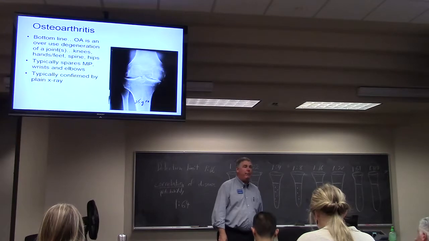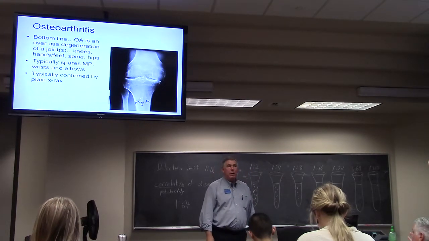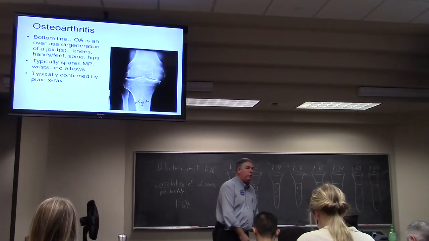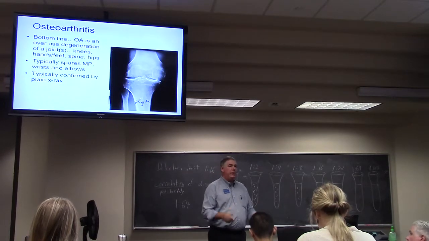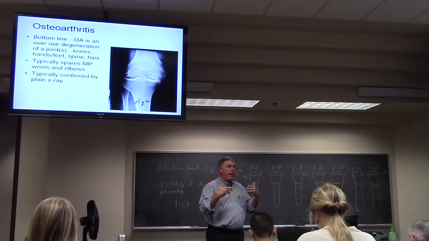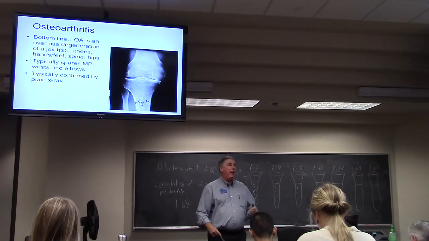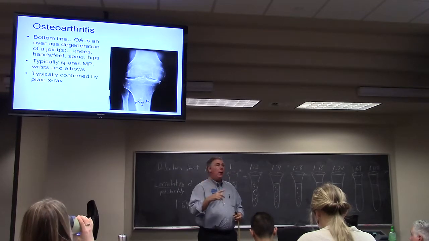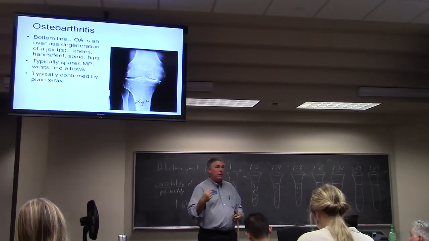The knee is definitely the most common site, probably followed by the hip. The hands are affected to a much lesser degree. Most of what you see in the hand is going to be RA, which we'll talk about later. OA typically spares the MP joints and the wrist, which are affected mostly by RA.